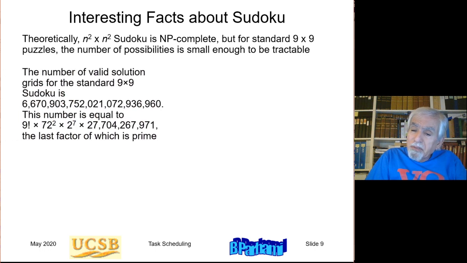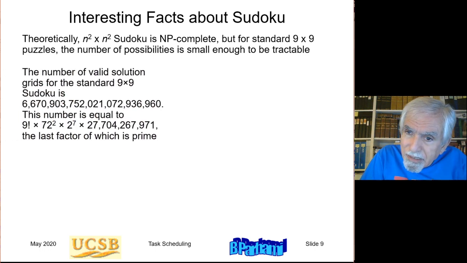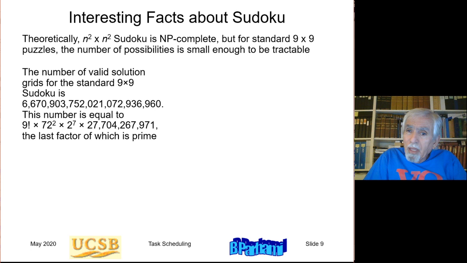Now, about Sudoku, there are some interesting facts. The number of different solutions that you can make for a 9 by 9 puzzle is this huge number shown here. 1, 2, 3, 4, 5, 6, 7 groups of 3 digits, so that's 21 or 22 digits in this number.